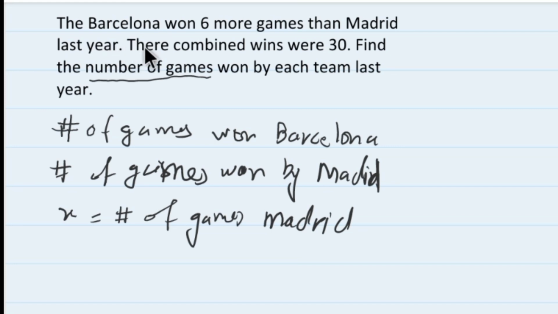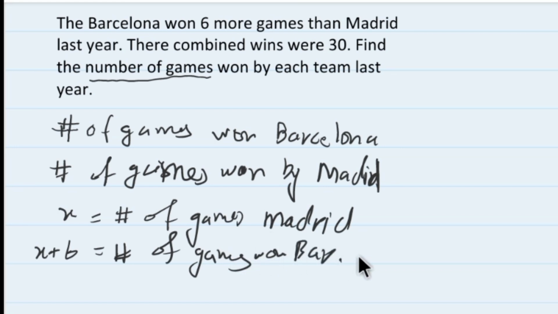The problem says Barcelona won 6 more games than Madrid. If x is the number of games won by Madrid, then the number of games won by Barcelona is 6 more, that is x plus 6.